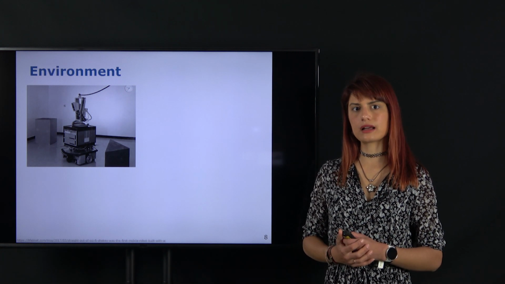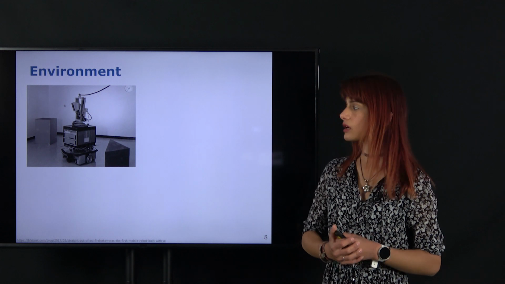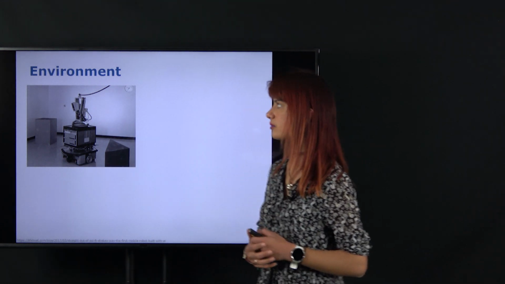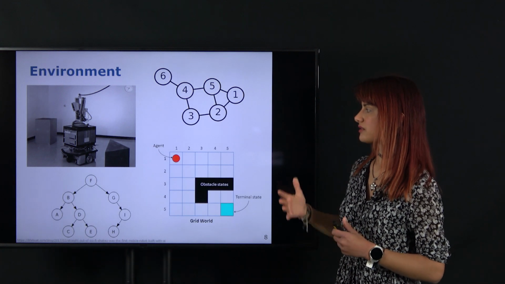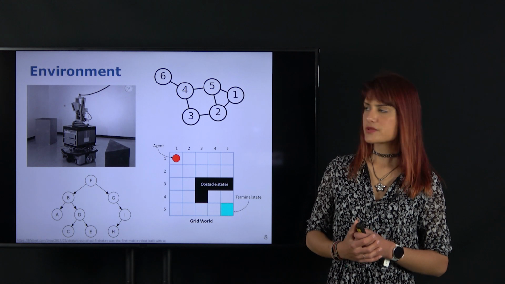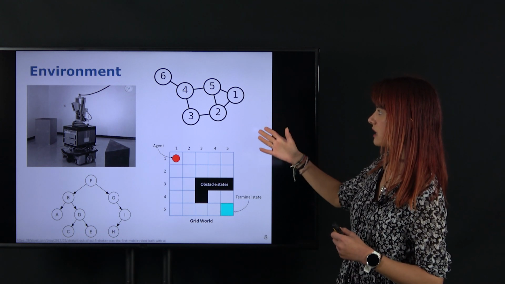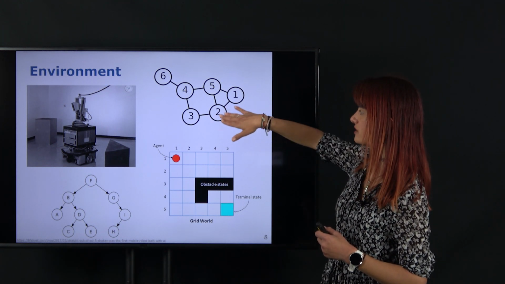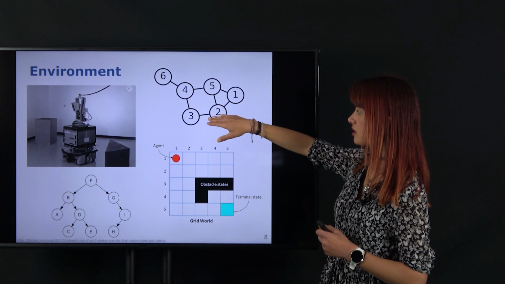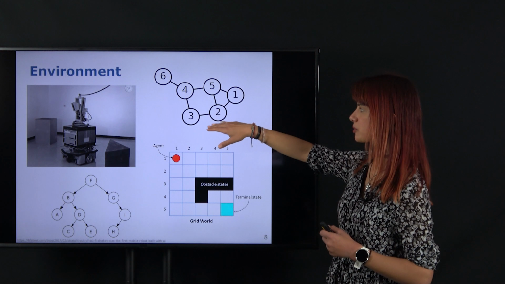Now, if we want to apply a search-based strategy and take Shakey from one end of the room to another, here are some of the discrete representations that we might consider. On the top, we see a graph that has loops, where the circles correspond to vertices that are numbered and the lines correspond to edges.